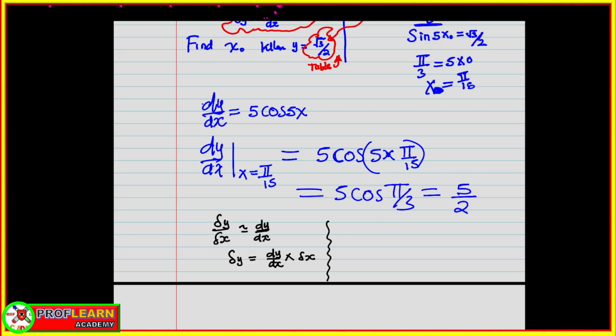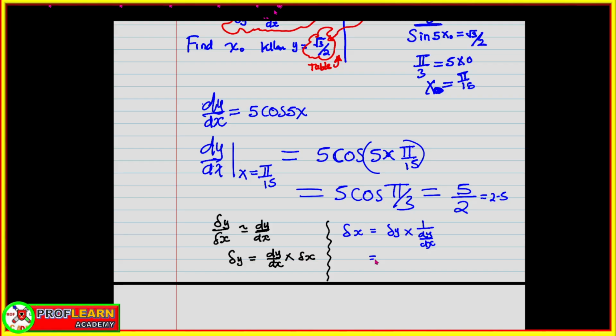So in order to work that out, the small change in x is basically going to be equal to the small change in y times 1 over dy/dx, which is 1 over 2.5.